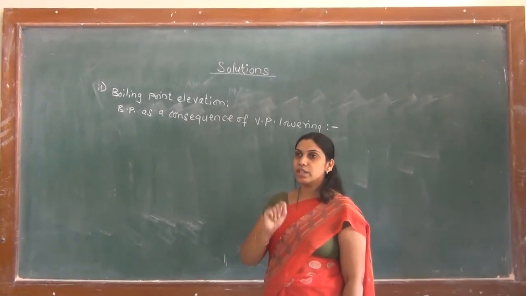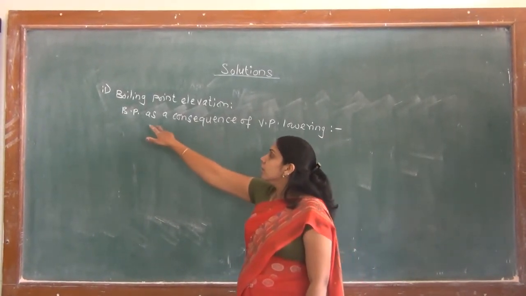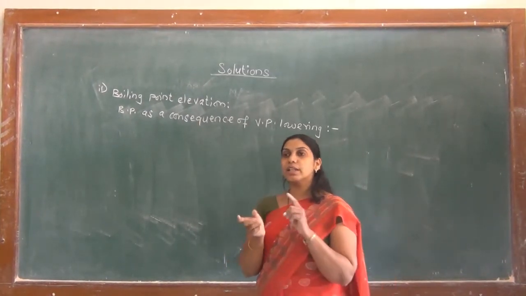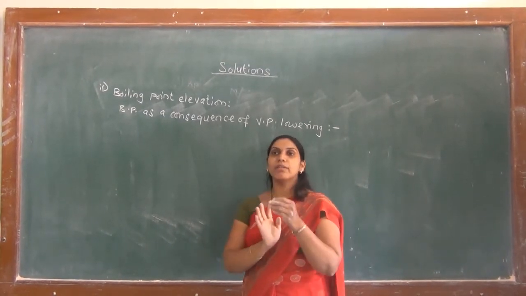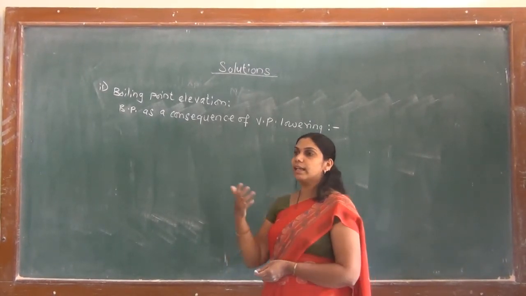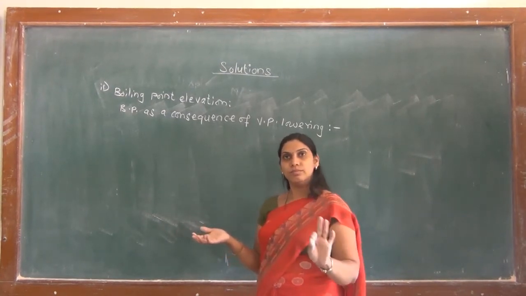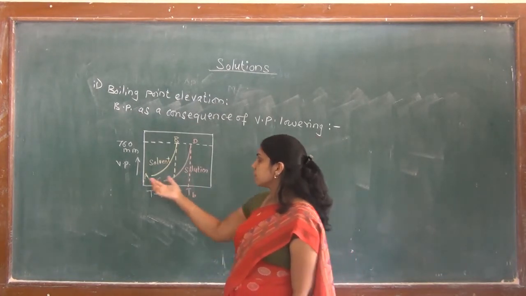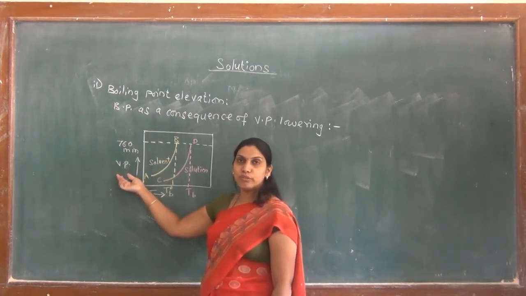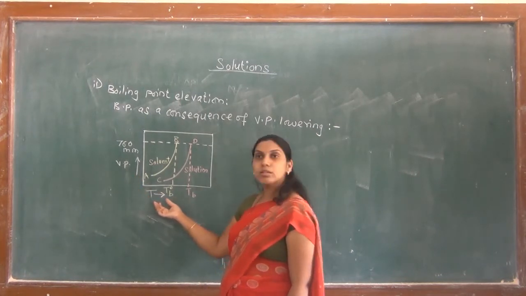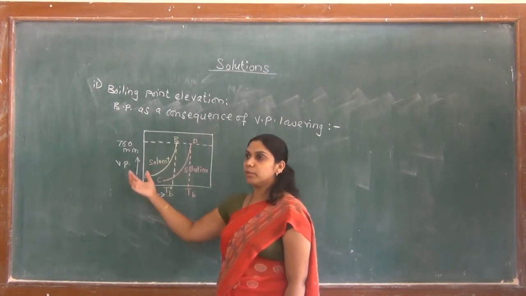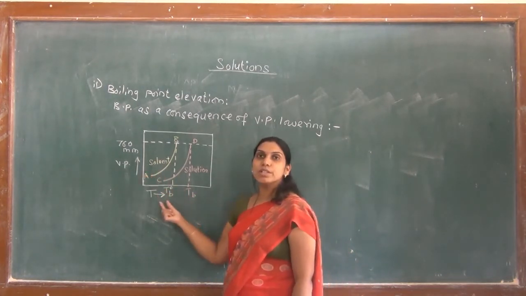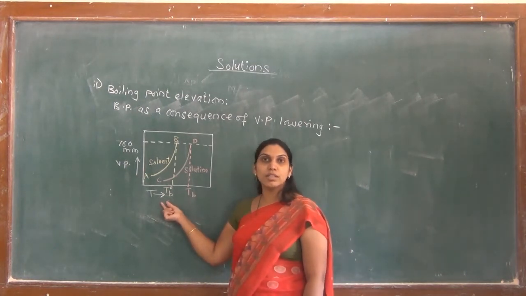For that, we will study a graph. The graph shows that boiling point is a consequence of vapor pressure lowering. The graph is between temperature and vapor pressure of the pure solvent and the solution. I have drawn a graph in front of you. It shows how the vapor pressure changes with temperature.